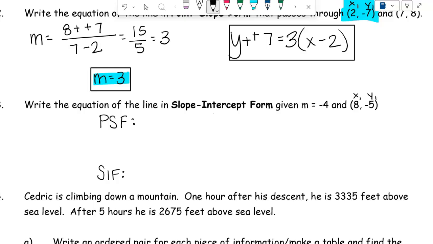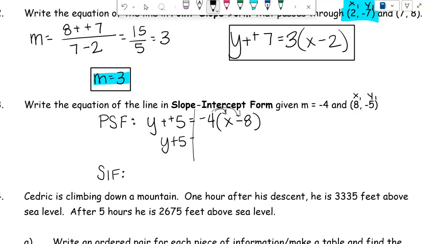So we have an x1 and we have a y1. So we have y minus y1, which is negative 5, equals our slope, which is negative 4, times x minus x1, which is 8. Now we have a double negative, and we distribute. So let's distribute our slope.